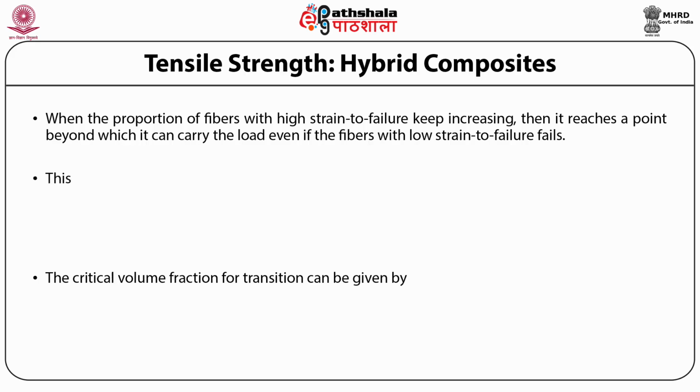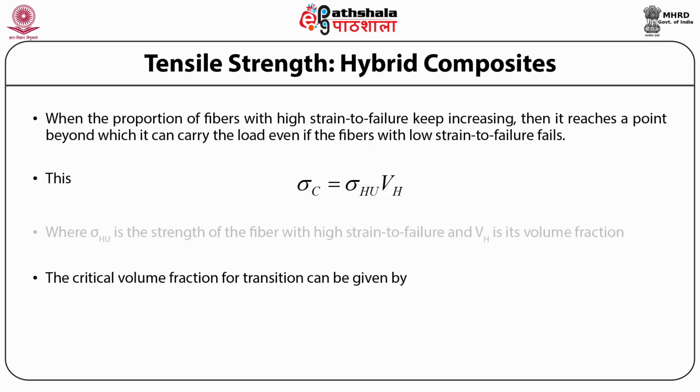This is given by sigma C is equal to sigma HU multiplied by VH, where sigma HU is the strength of the fiber with high strain to failure and VH is its volume fraction.